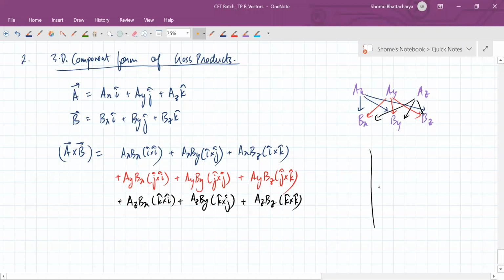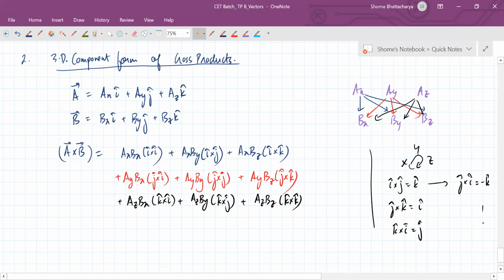Okay. Now in this we will use that circular symmetry. From this you can see that i cross j is k, j cross k is i, and k cross i is j. And the reverse of this, j cross i is minus k, and things like that. So when you do all that over here, you'll see that these three terms become 0.